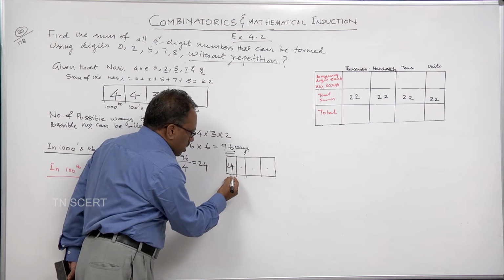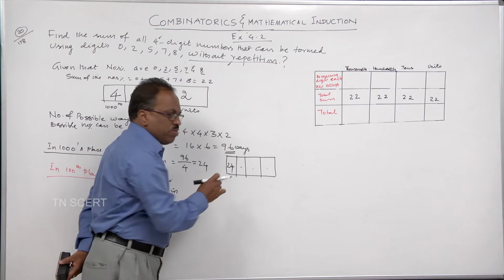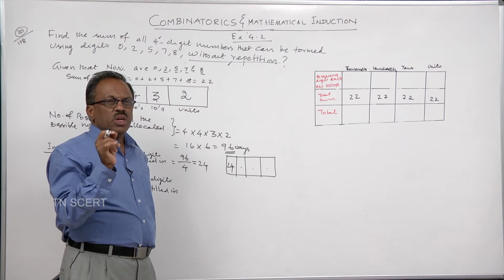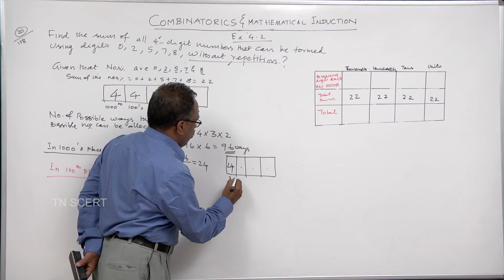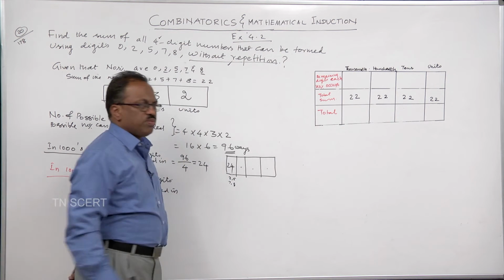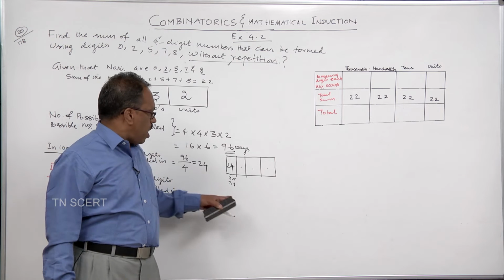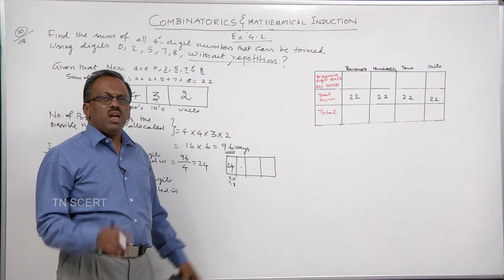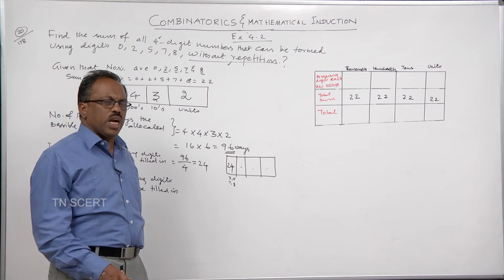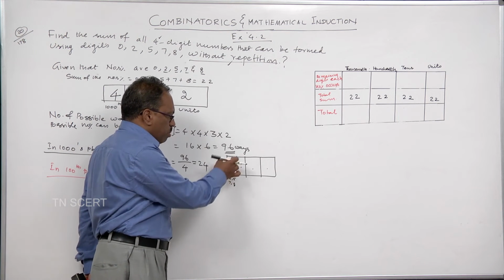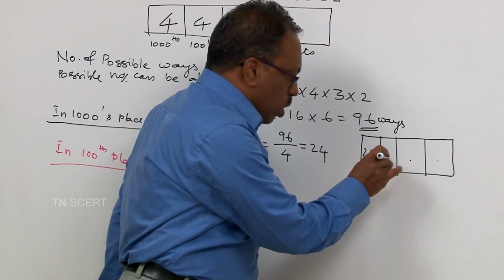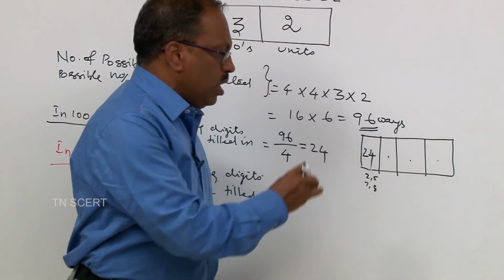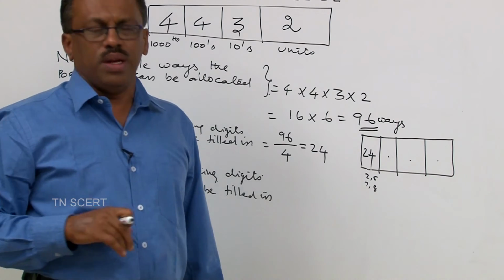So here what are the possible digits? Except 0, I said, except 0. So the possible numbers are 2, 5, 7, 8. Okay, I have located one number over here. That means 24 ways we have located. Among these 4 numbers, one is possible, that is 24. But except this 24, the remaining places are to be filled in.